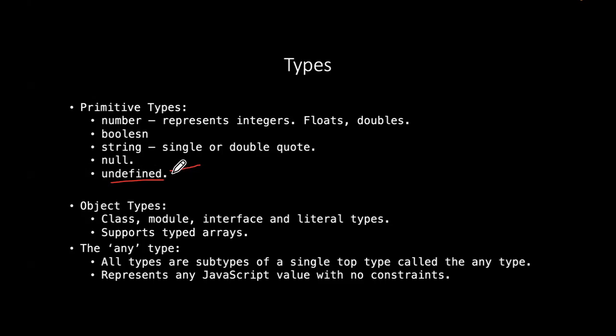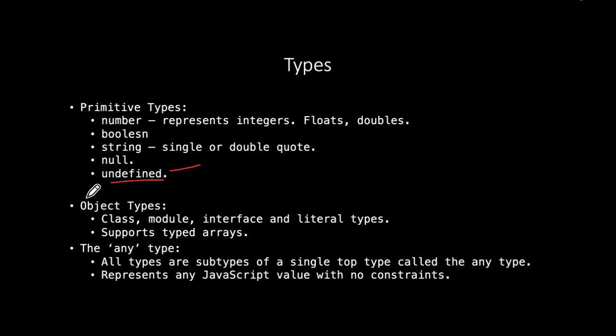The other case when undefined arises is if you've got an object structure in JavaScript and you try to reference a property of that object that does not exist. In that case, you also get the undefined value. So in TypeScript, we couldn't ignore this undefined value from JavaScript, so it has been carried forward into the TypeScript language. So these are all the primitive types in TypeScript.